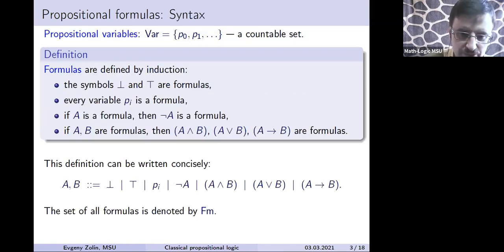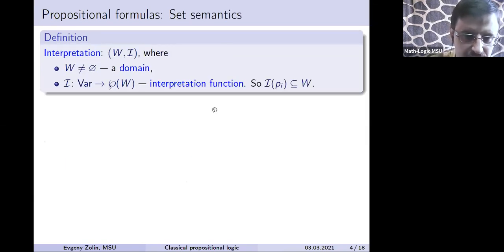In the last lecture, we assigned zeros and ones to propositional variables. Now we will assign sets. So we introduce the notion of interpretation. Interpretation is a pair (W, I). W is a non-empty set. It is called a domain of this interpretation.